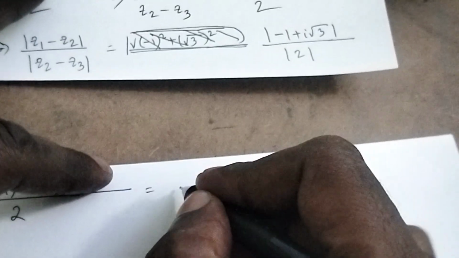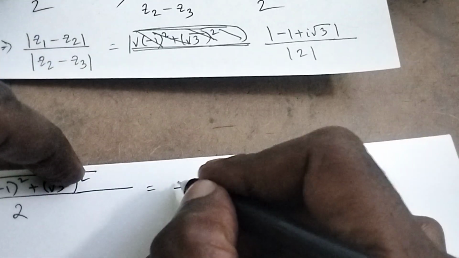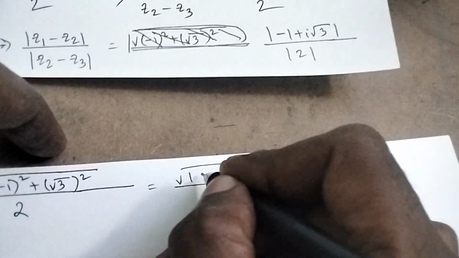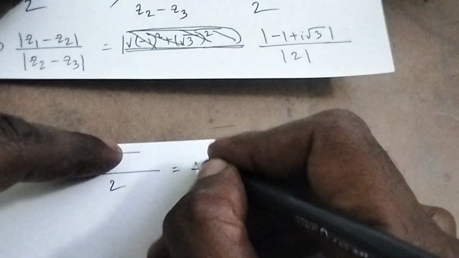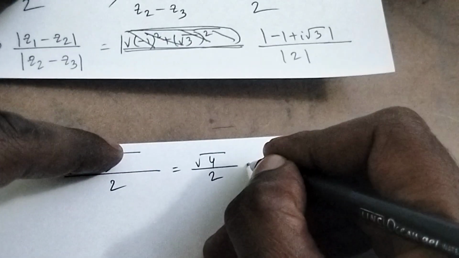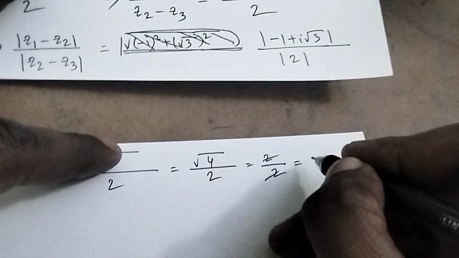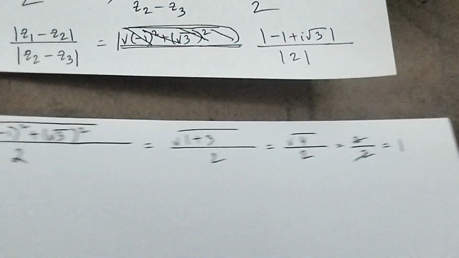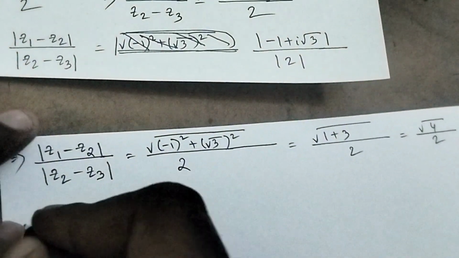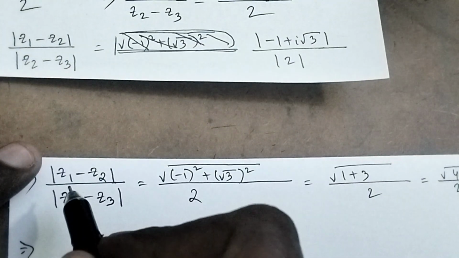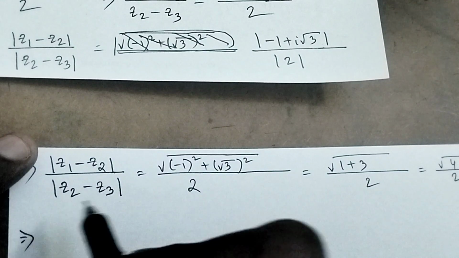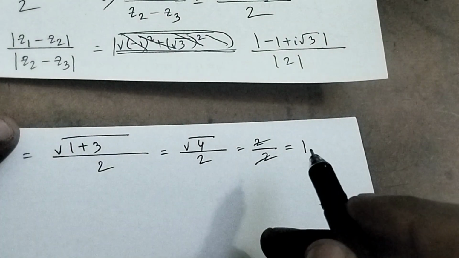So this will be 2 under root 1 plus 3, which is under root 4 by 2, which is 2 by 2. The 2 and 2 get cancelled, so 1. So |z1 - z2| / |z2 - z3| is equal to 1.